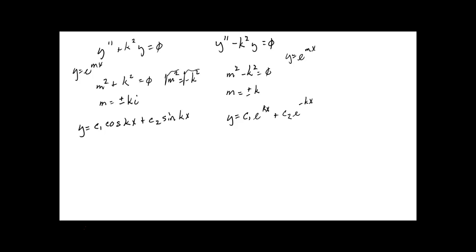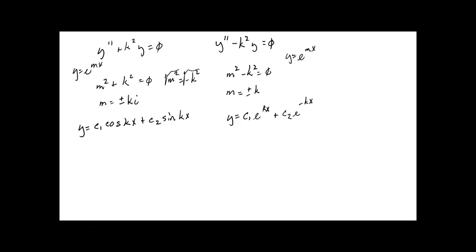Now, here's the part that gets me crazy. Notice if we choose C1 and C2 equal to 1/2, why would you do that? In particular solutions you would get the hyperbolic cosine of kx, and if you did C1 1/2 and C2 negative 1/2, you get the hyperbolic sine of kx. Why would you want to do that? I don't know. They seem to like those.